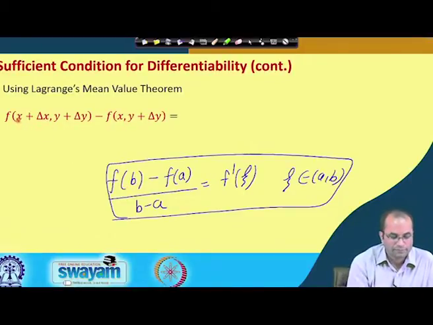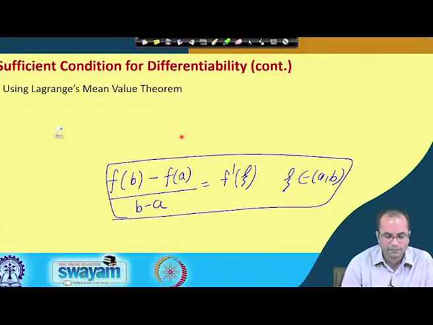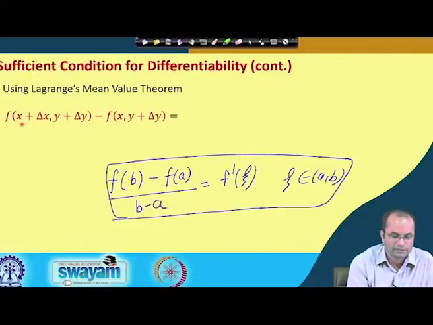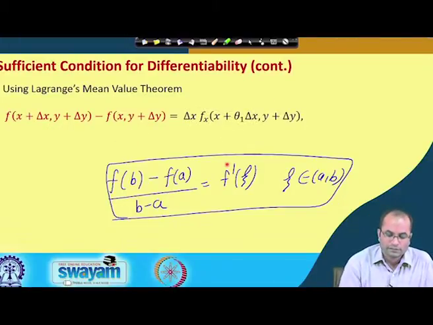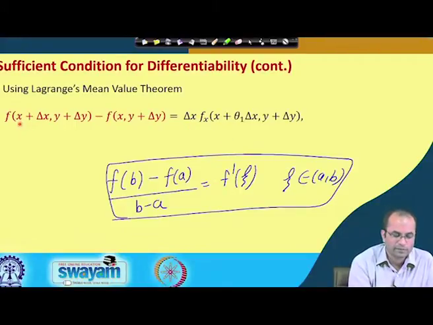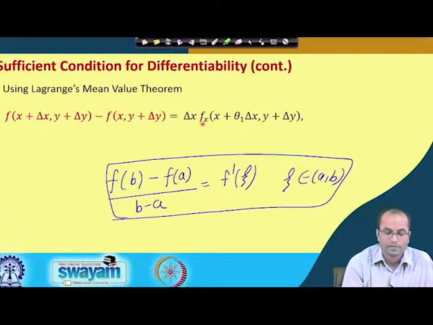This is like f(b) minus f(a), where a is x and b is x plus delta x, divided by the difference b minus a, which is delta x. So we multiply delta x to the right side, and the derivative is naturally with respect to x, because y is unchanged. So we get the partial derivative f_x at the point xi between a and b.